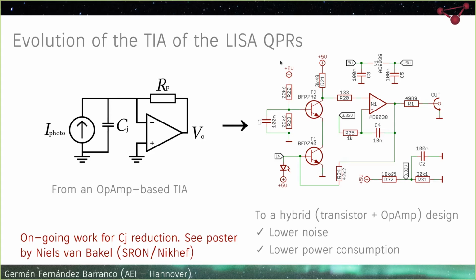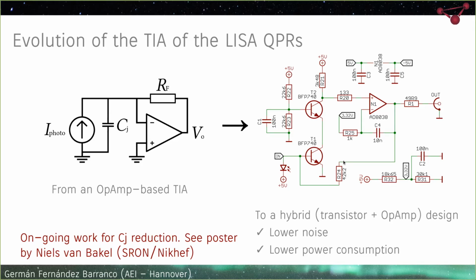We developed this transimpedance amplifier with an initial cascode stage with two BFP740 transistors, which have a space-qualified counterpart. Then there is a second stage based on an operational amplifier, the AD8038. The loop is closed with a feedback resistor, which sets the value of the transimpedance gain, which in this case is 42.2 kilo ohms.